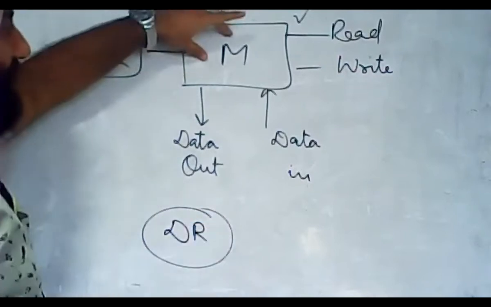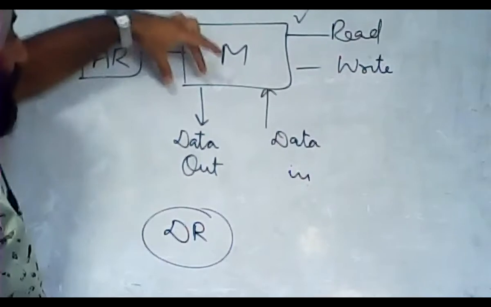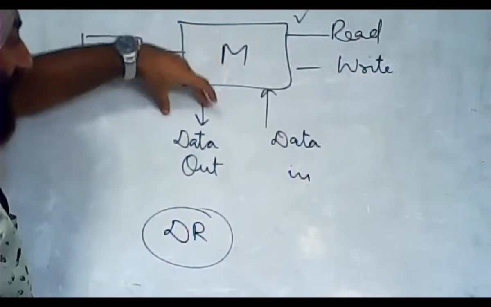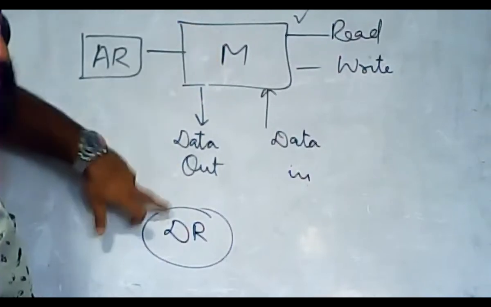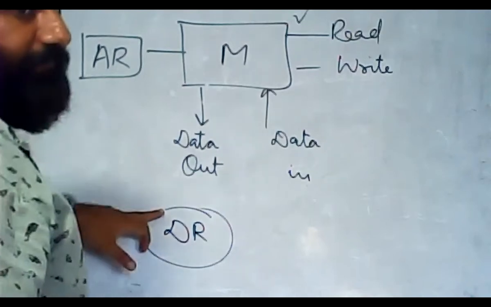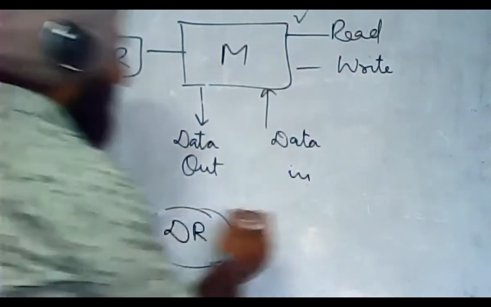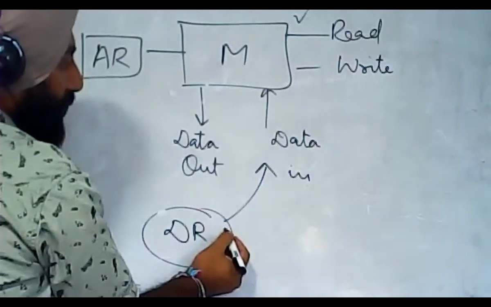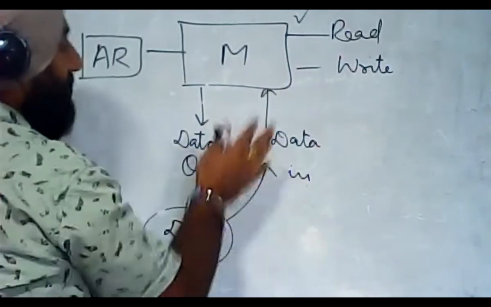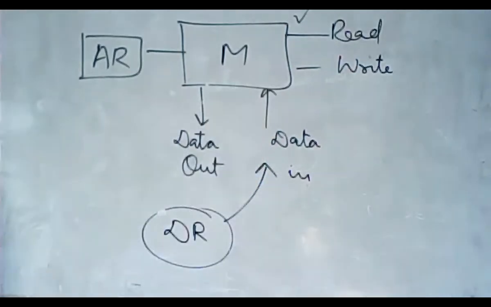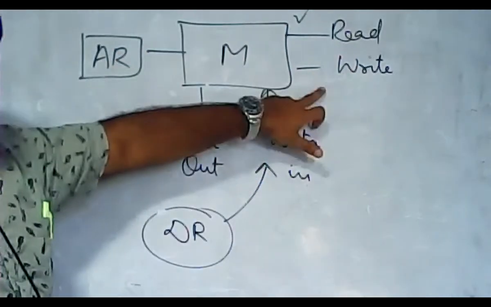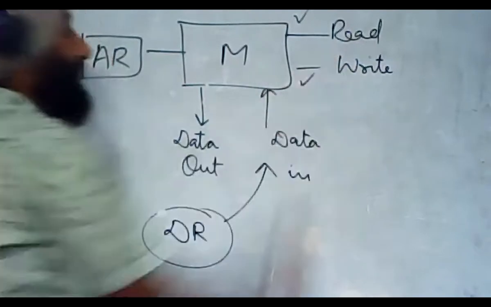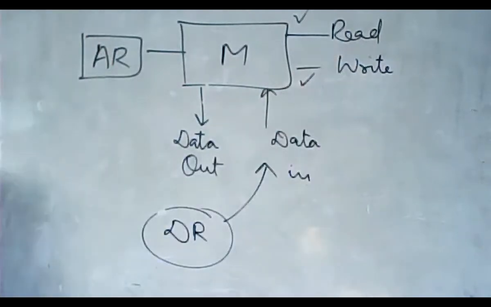You are sending data from the memory using data output lines to the data register. This is called read operation. And when you are writing something onto the memory location, you are storing something into it, that operation is called write operation. I hope the concept is clear to all of you. Memory read and memory write.